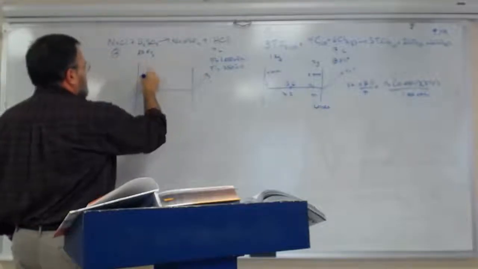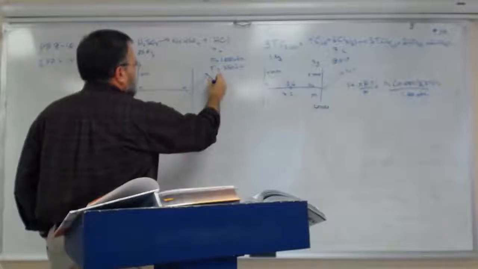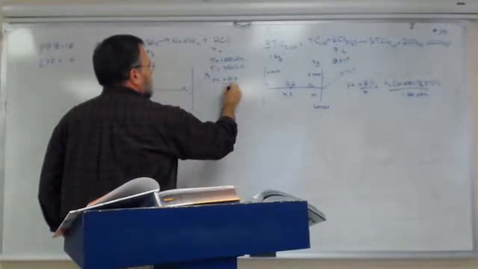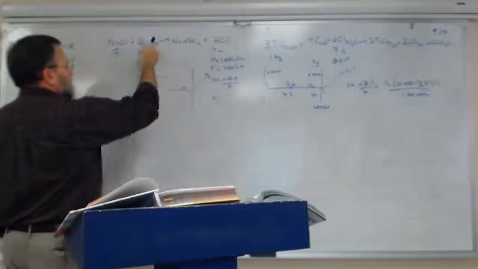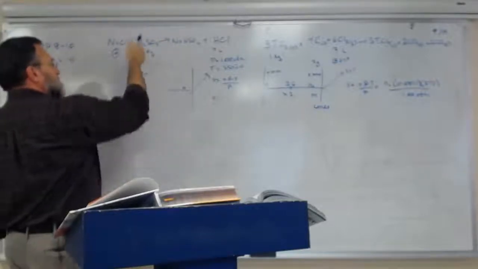Grams, molar mass, moles, moles, V. I use stoichiometry. I use 25 grams divided by the molar mass of sulfuric acid to give me number of moles of sulfuric acid.